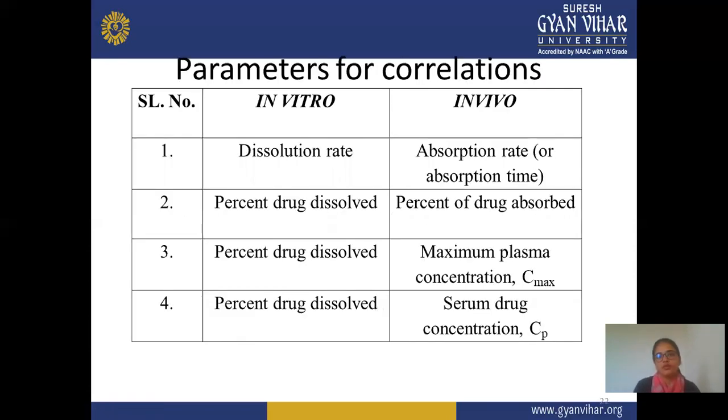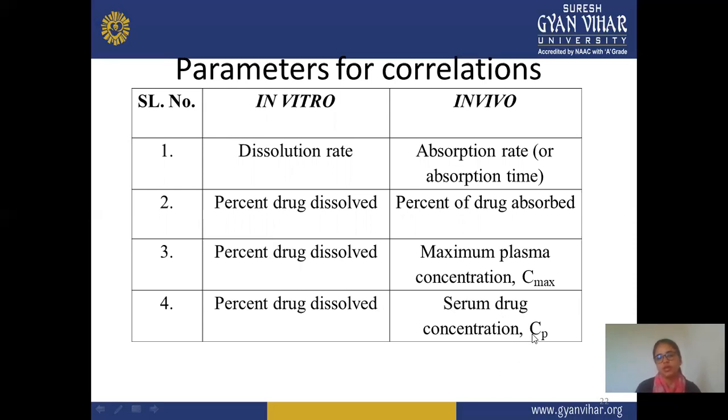This is the parameter for correlating in vitro and in vivo. In vitro, mainly you check dissolution rate and percent drug dissolved. And in vivo, instead of dissolution rate, you check absorption rate or absorption time, and how much time is required. Instead of percent drug dissolved, you check maximum plasma concentration or Cmax, and serum drug concentration, Cp.